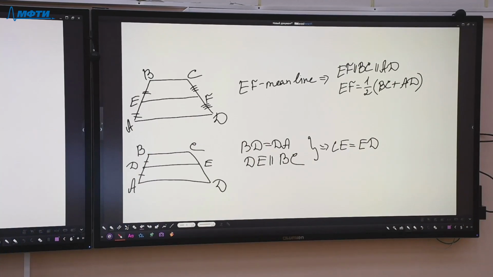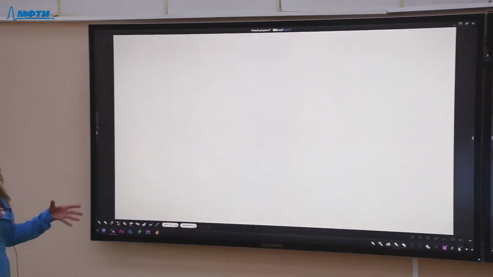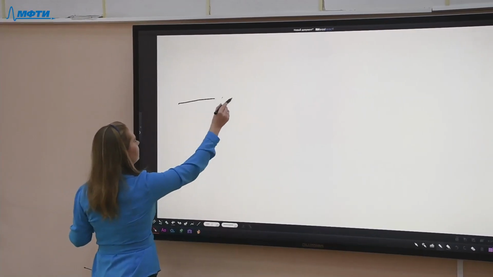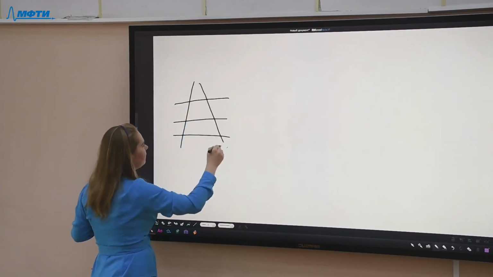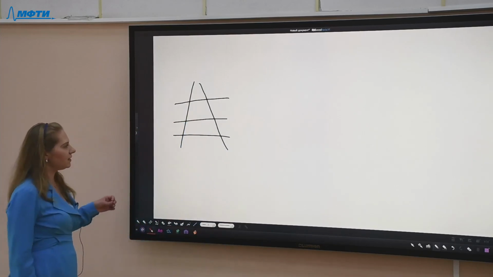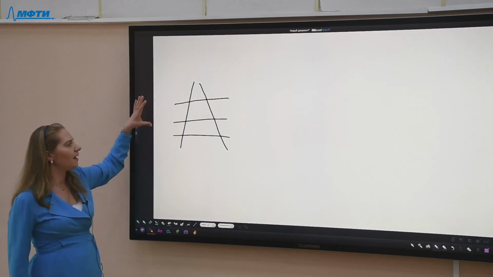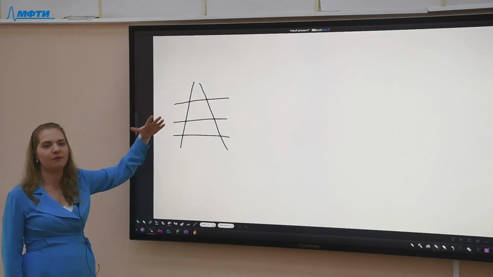Next, if we have 3 or more parallel lines and 2 transversals. So we have 3 parallel lines and 2 transversals. And we can say that parallel lines divide any 2 transversals proportionally.